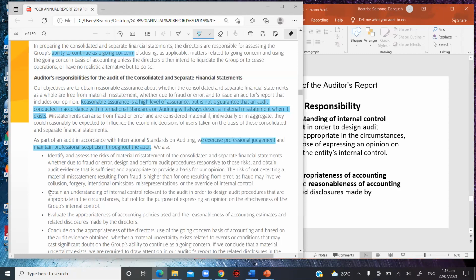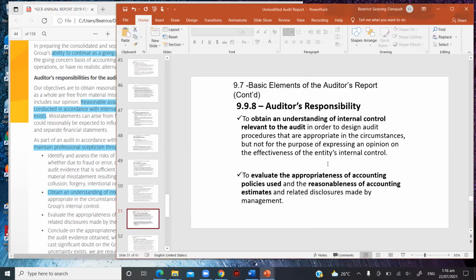So that's the next step. We obtain an understanding of the internal control relevant to the audit in order to design procedures that are appropriate in the circumstances. If you don't understand the internal control environment, you wouldn't really get appropriate procedures to respond to your assessed risks and all that.